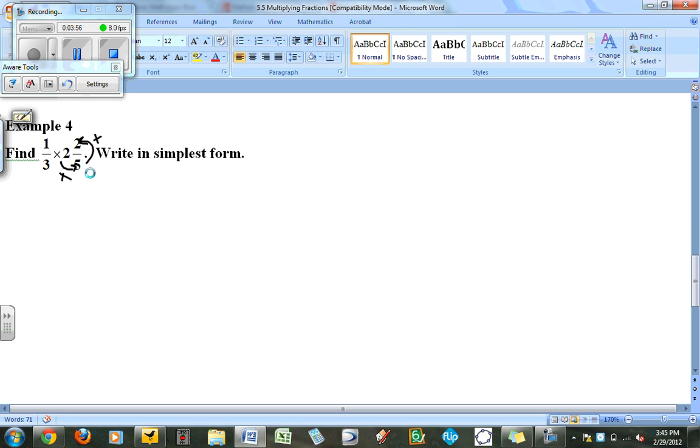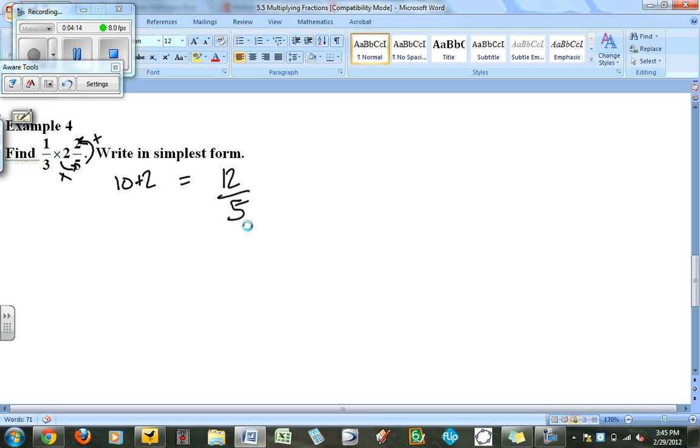So 2 times 5 is 10, and then we add this number here, plus 2. So 2 and 2/5 is the same thing as 12 over 5. And we keep our denominator the same. So 12/5 could be written as a mixed number as 2 and 2/5.